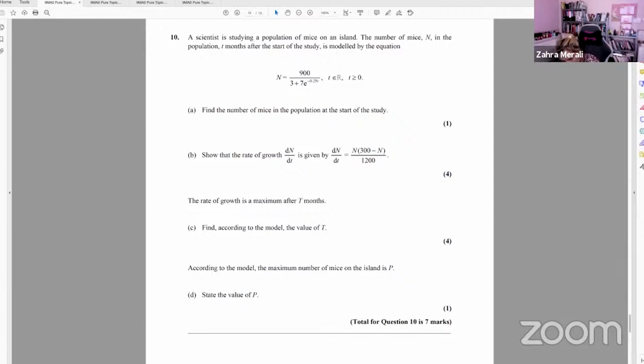So if n equals 300, we can then substitute that into the n there, and we can solve it to find our value.